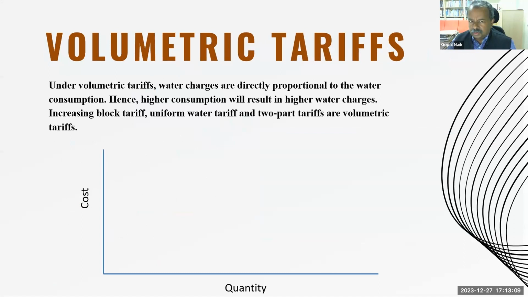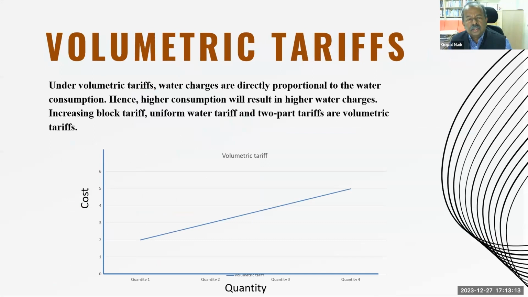So that is what the volumetric tariff is. Water charges are directly proportional to the water consumption. As you consume more, you have to pay more, and therefore individuals and households would be careful in using excess water or may not waste water, because they will have to pay for it.